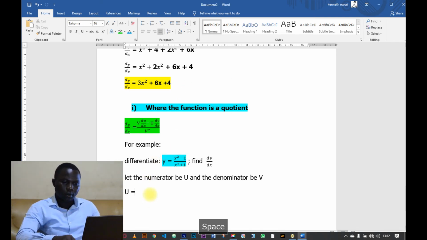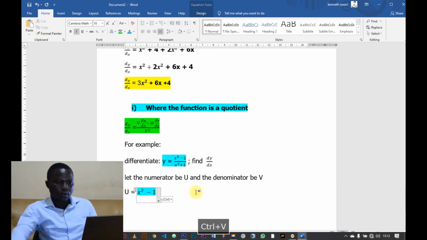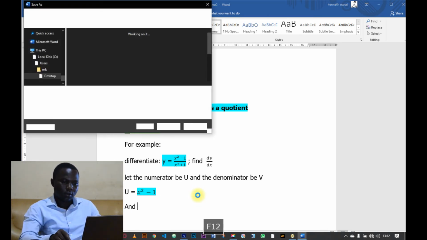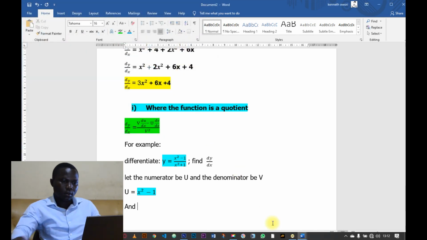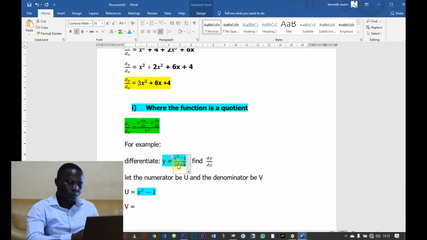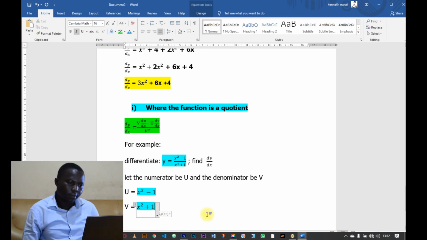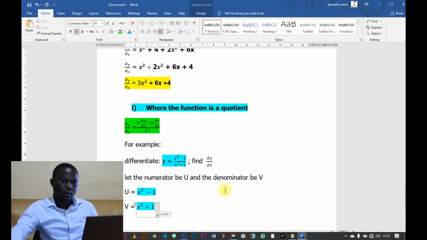So our u would be x squared minus 1, and v would be x squared plus 1. So now we have u, we have v. Remember, we are using the quotient rule, which is in green as I'm highlighting it.